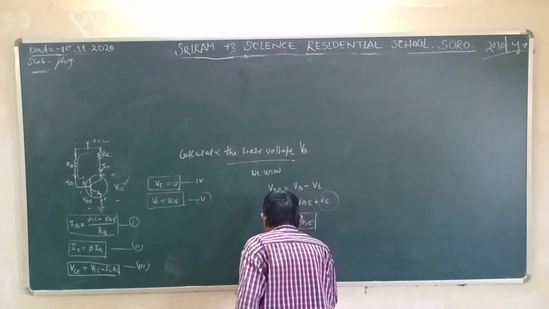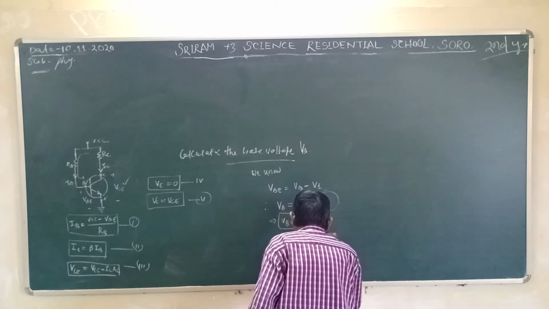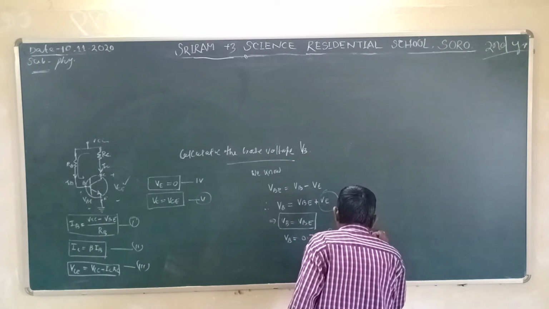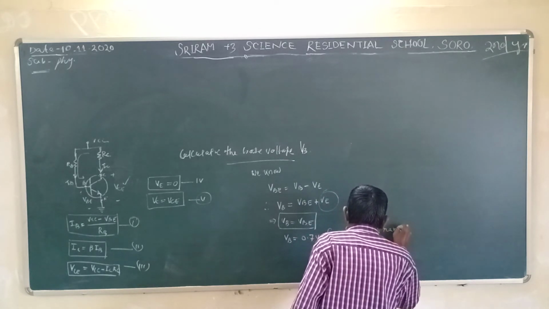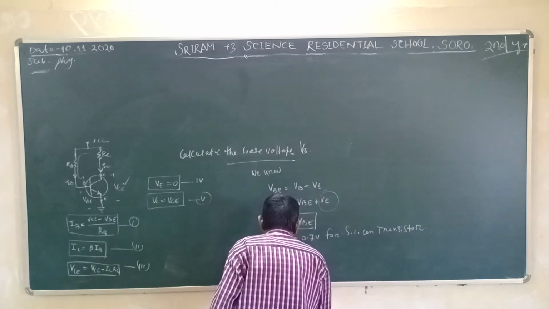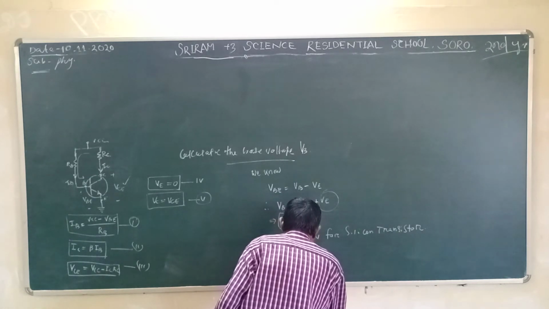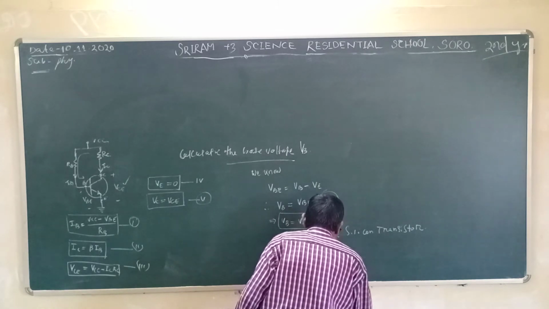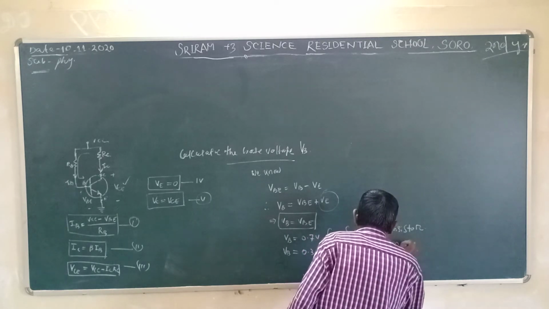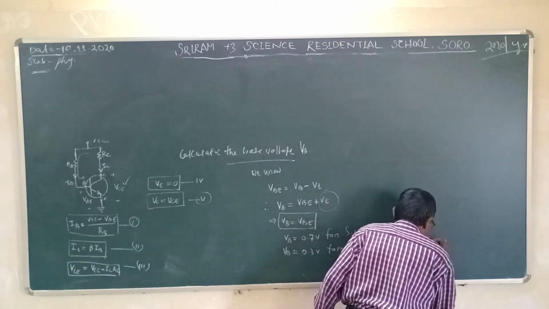That is VB equal to 0.7 volt for a silicon transistor, or VB equal to 0.3 volt for a germanium transistor.